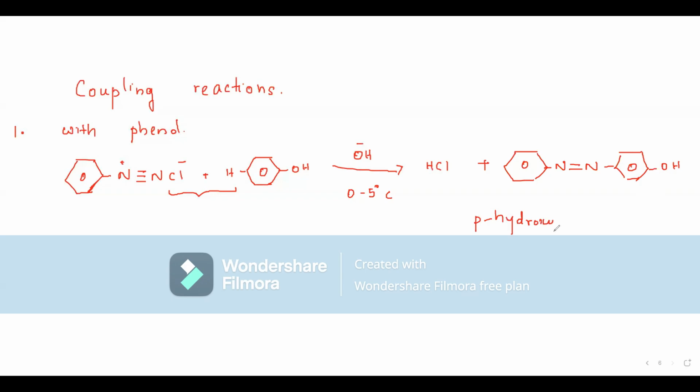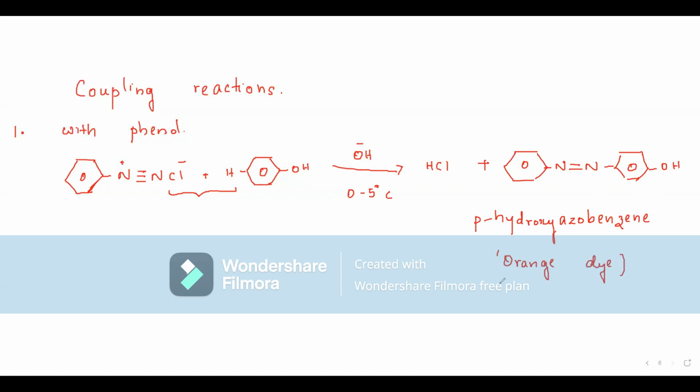para-hydroxy azobenzene. So this is your hydroxy group here. Para-hydroxy azobenzene, which is an orange color dye.